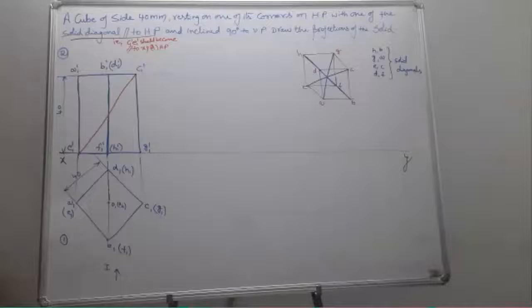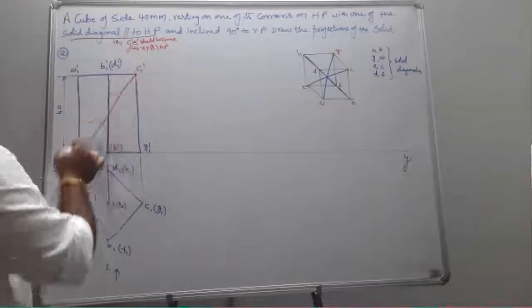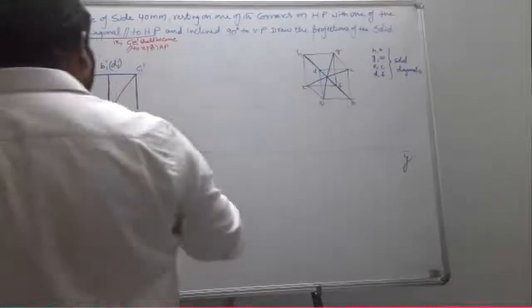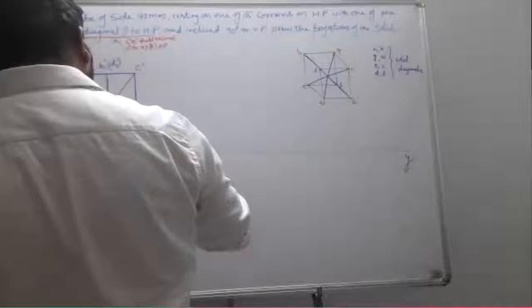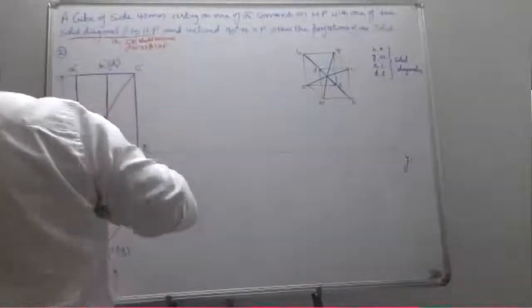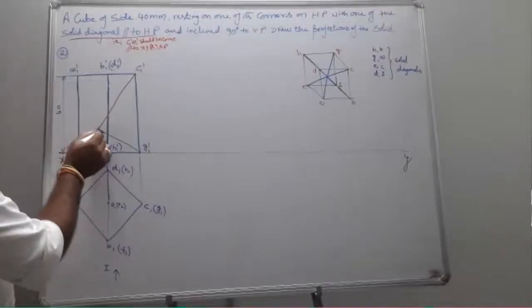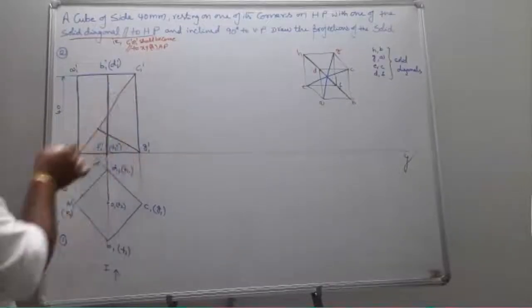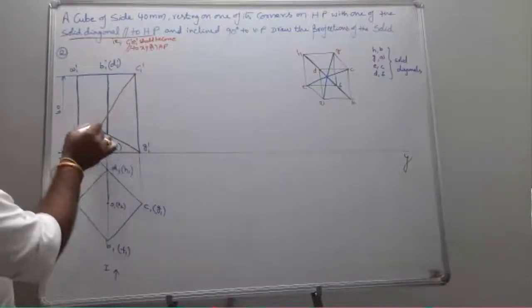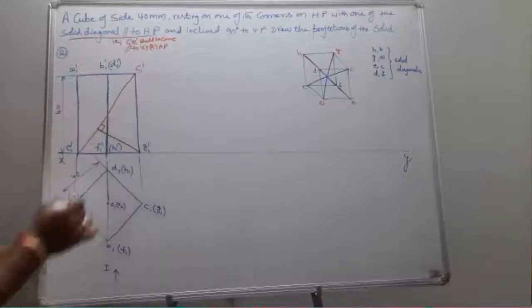So you just draw the perpendicular for C dash E dash from G. That is perpendicular.